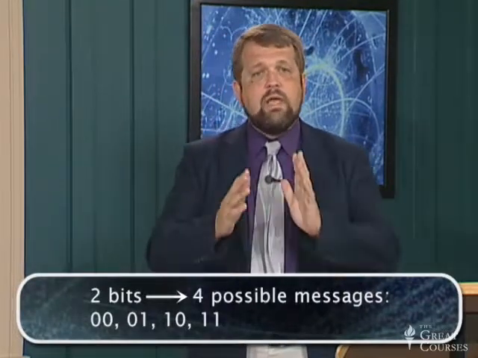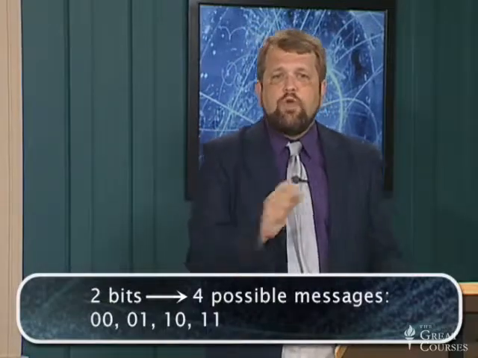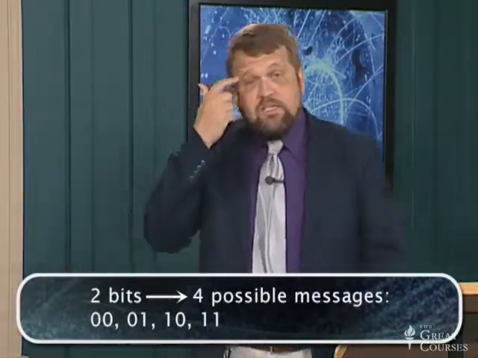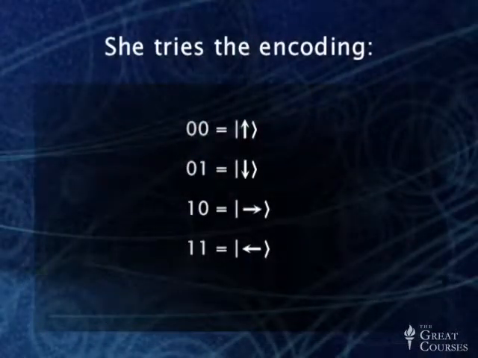That's 00, 01, 10, and 11. Those are the 4 possible 2-bit messages. So Alice tries to encode, let's see, she encodes 00 as up, and 01 is down. But 10 is encoded as spin to the right, and 11 is encoded as spin to the left.